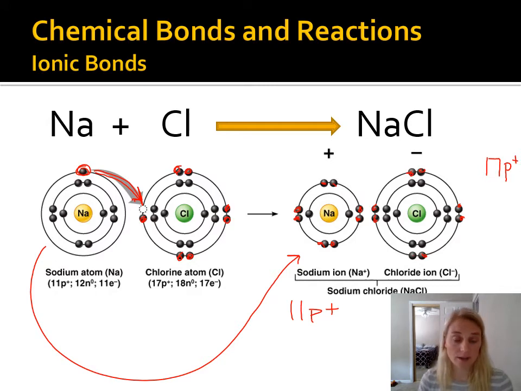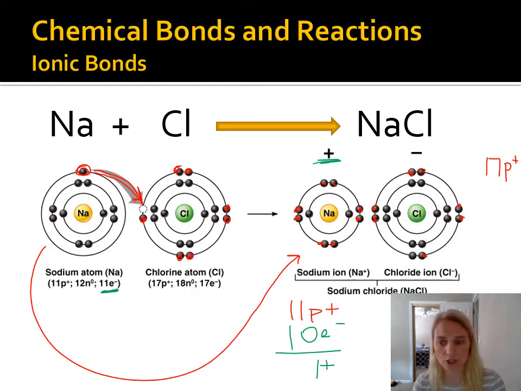Now, the electrons. Sodium just gave away an electron; it started with 11 electrons. It gave one away, and now it only has 10 electrons. So the overall charge, if we subtract 11 positive charges minus 10 negative charges, we have a net charge of +1. That makes sodium a positively charged ion.